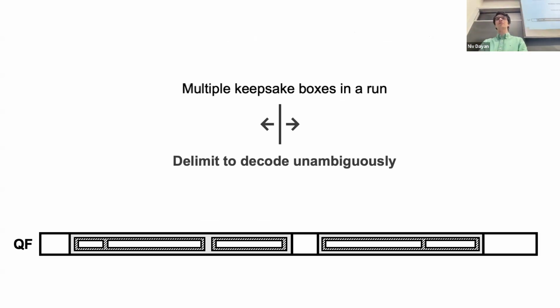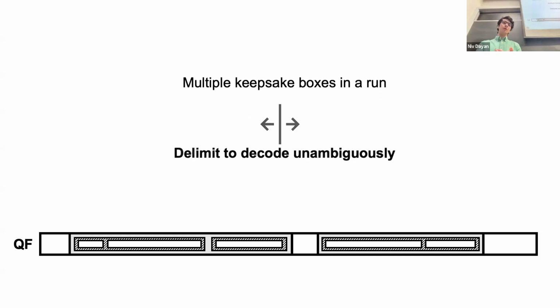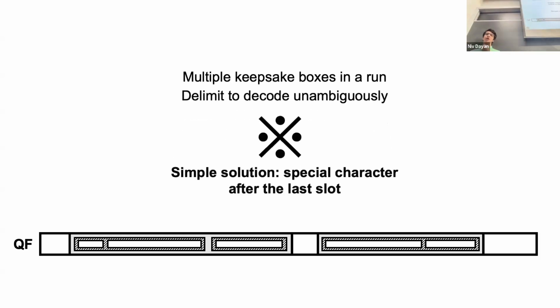So you need some sort of mechanism to delimit them and to decode them unambiguously. Now, one simple solution could be using a special character as a delimiting character. After each keepsake box, you have a delimiting slot that stores some special character you're not going to use elsewhere, and that tells you where the keepsake box ends.